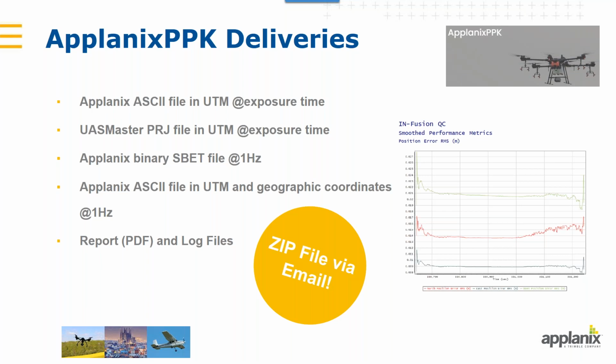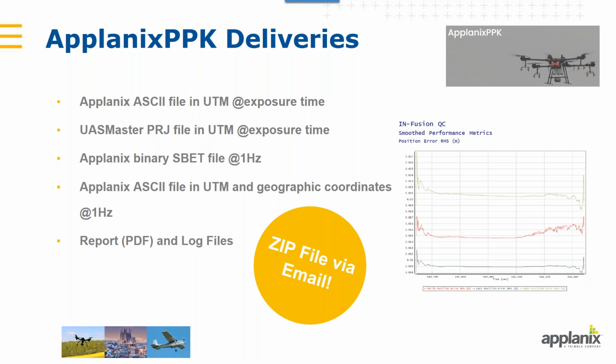So UTM would give you Cartesian coordinates, and it will also give you geographic coordinates, latitude, longitude, at the frequency of 1 Hertz. And very important, you're going to get a report file and log files. The report file contains a lot of graphs, for instance, to give you feedback about the achieved performance, so the accuracy.